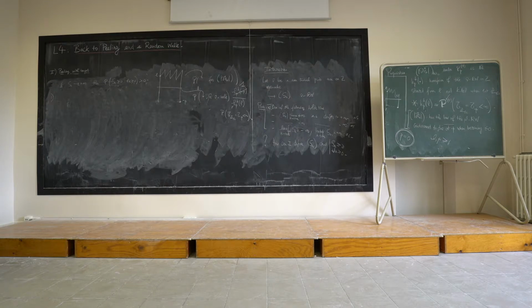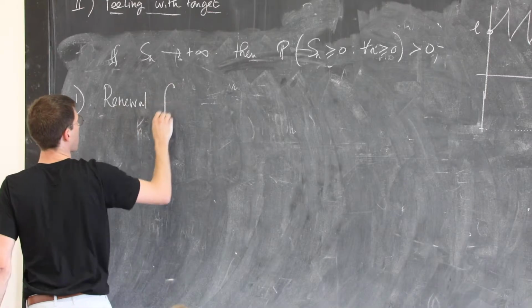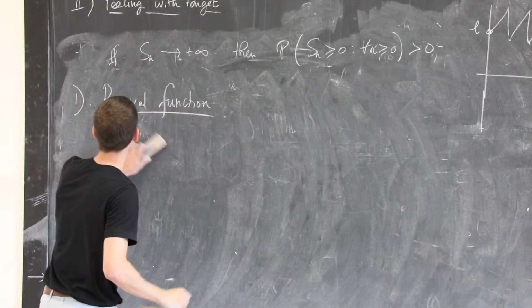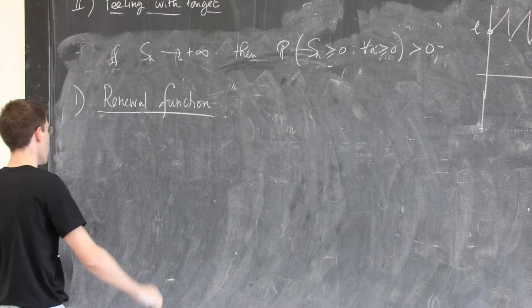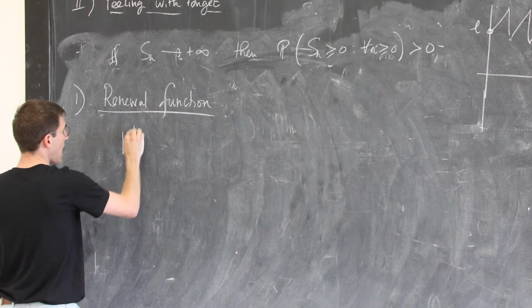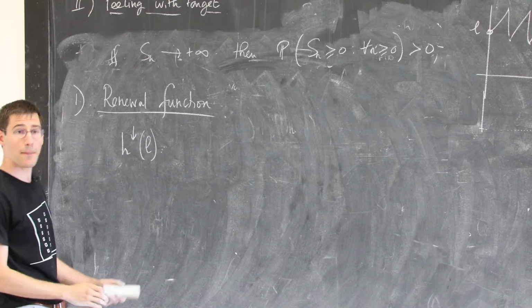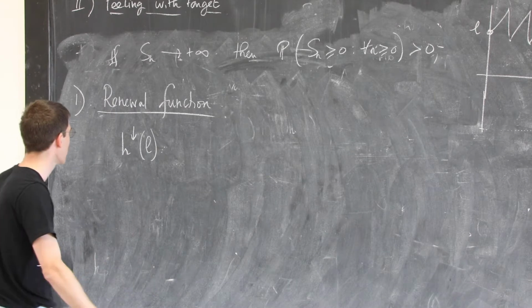I'm lagging as usual, but we'll see. Okay, so the renewal function. If it seems like black magic, it's normal. So introduce the function h down arrow of L, which a priori has nothing to do with the previous function, but of course it's the same.